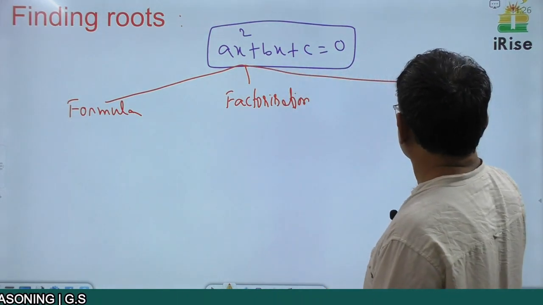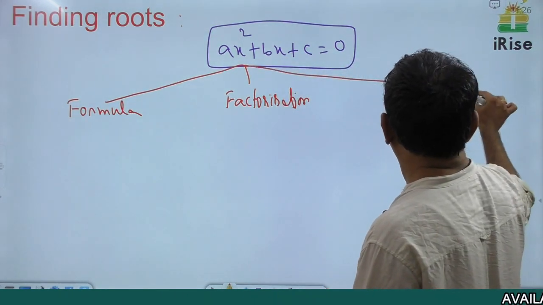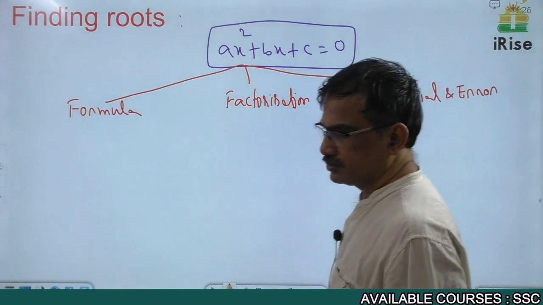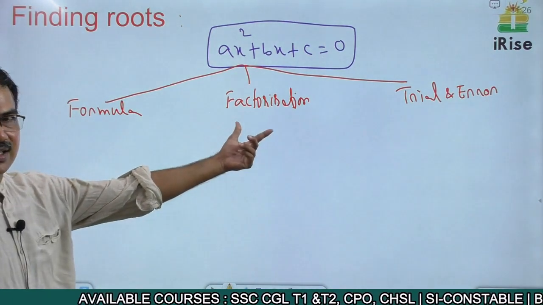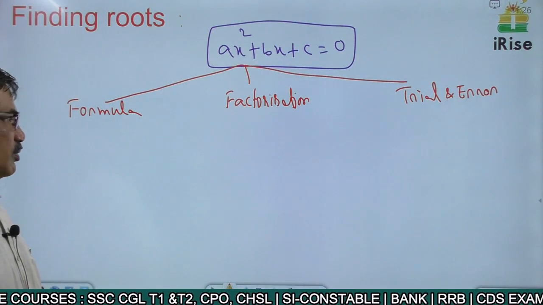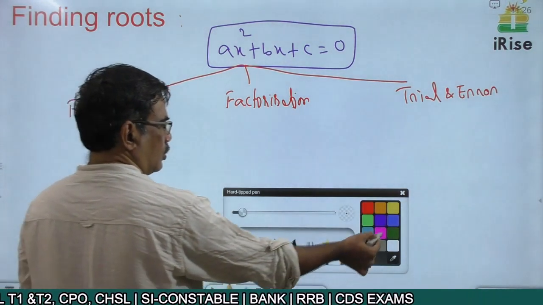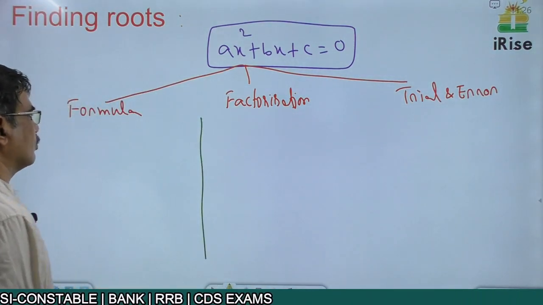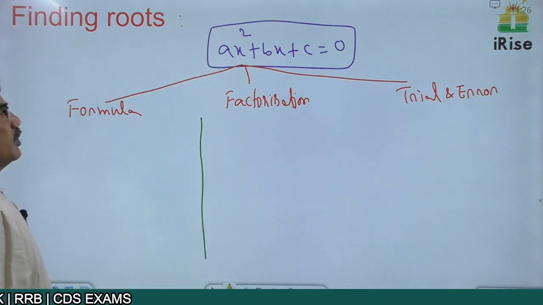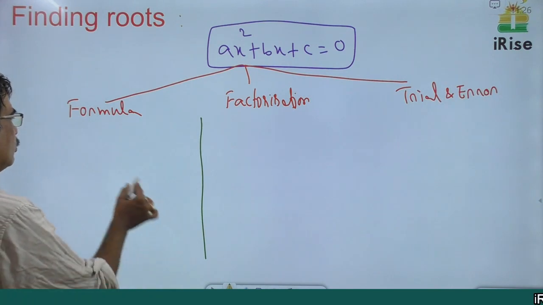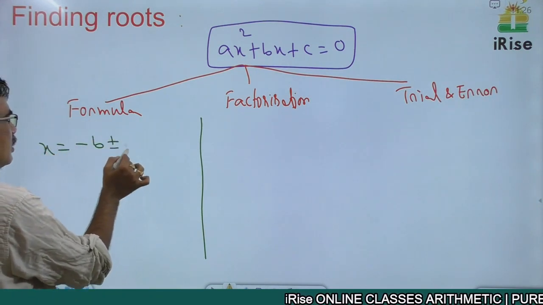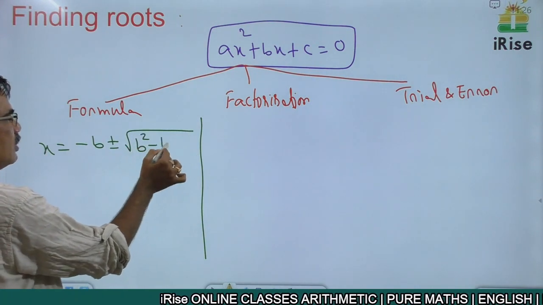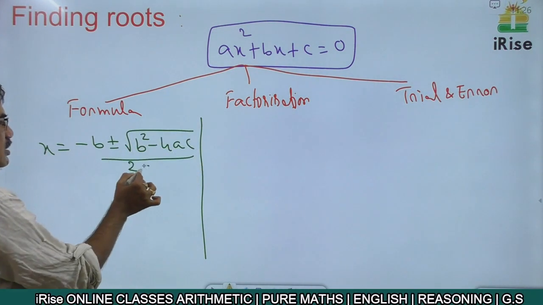The third one is trial and error method or estimation. Formula, factorization, trial and error method. What is the formula? If ax square plus bx plus c is equal to 0, how to find the root? Minus b plus or minus root of b square minus 4ac by 2a. This is the formula.